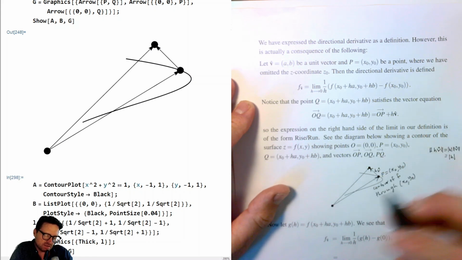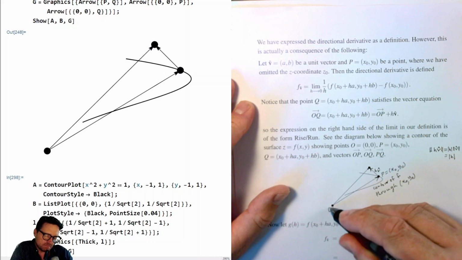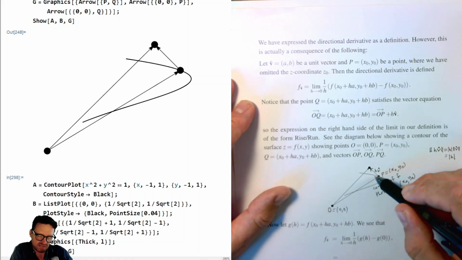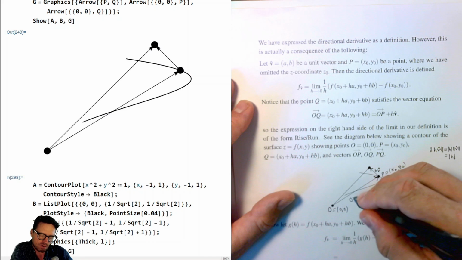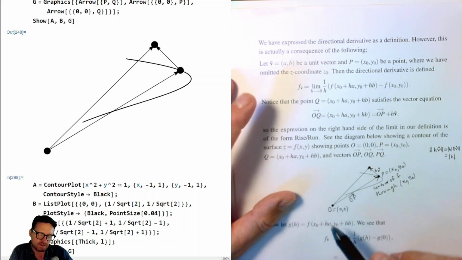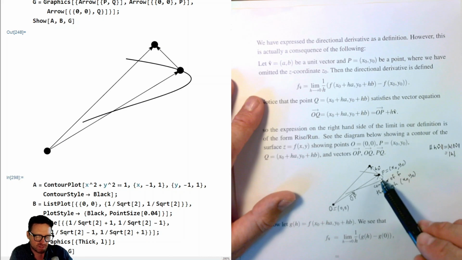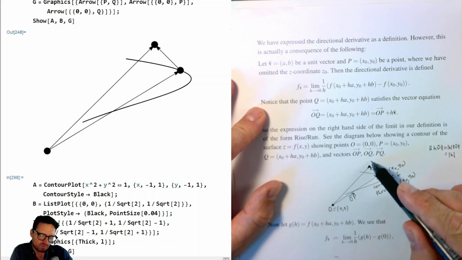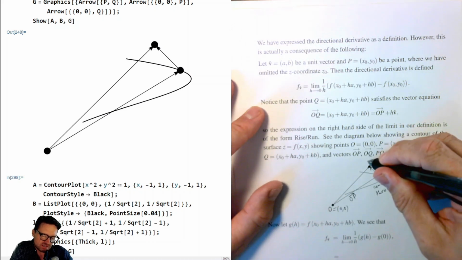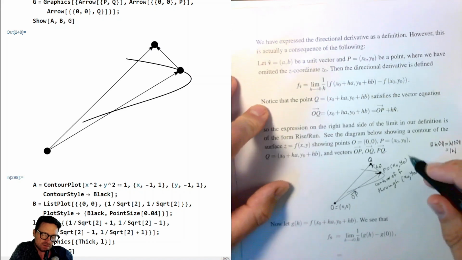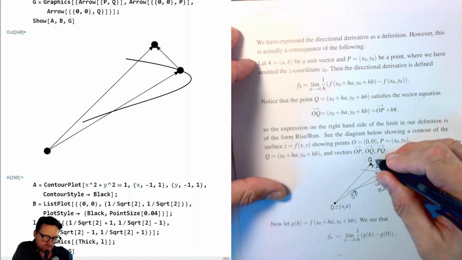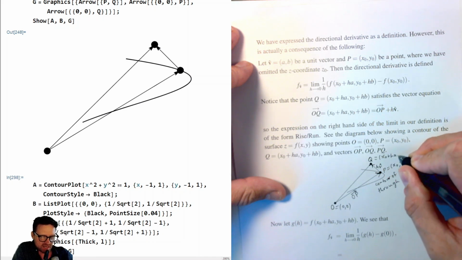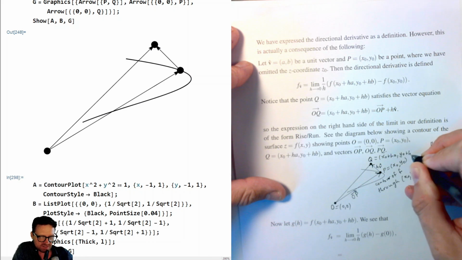So what is this point? Well, that's the origin, so 0, 0. And then this vector right here is the vector OP, which tells you how to get from the origin to the point P. Now this vector here will be OQ, where this is the point Q. The point Q is x0 plus h times a, comma, y0 plus h times b.